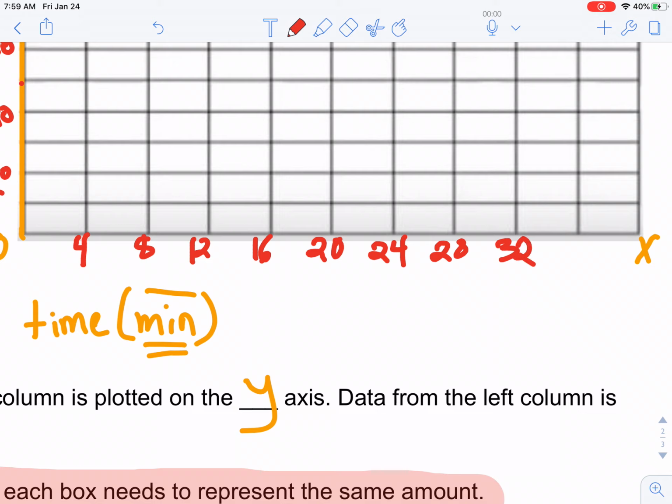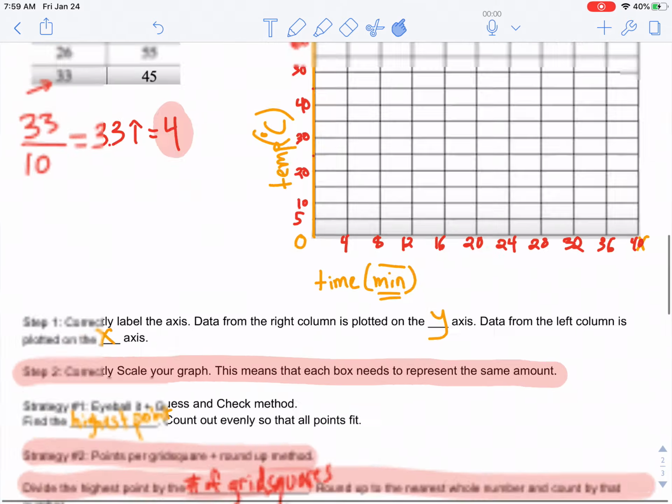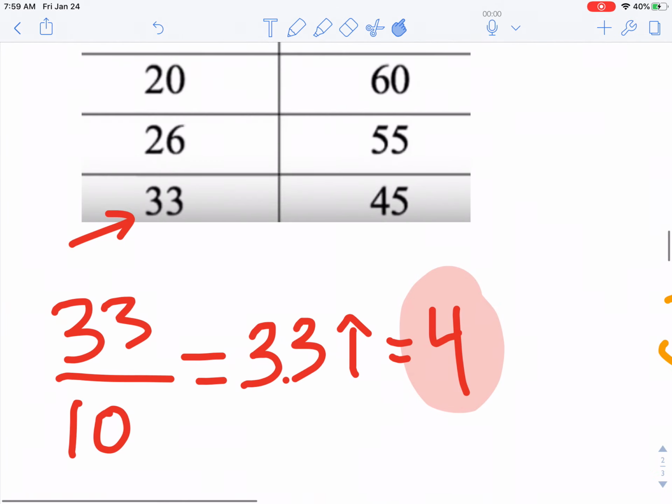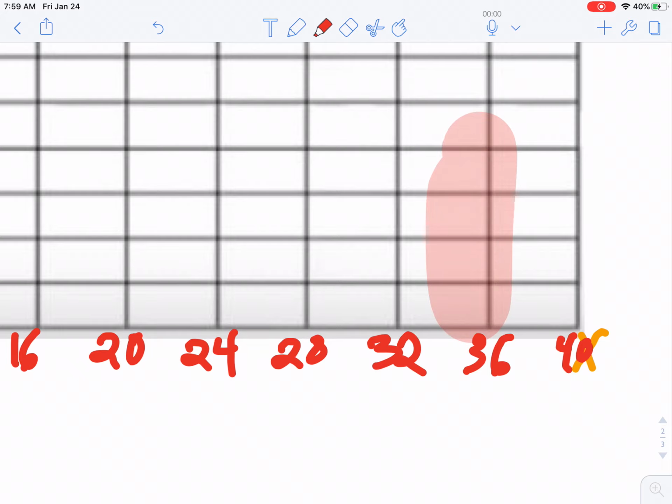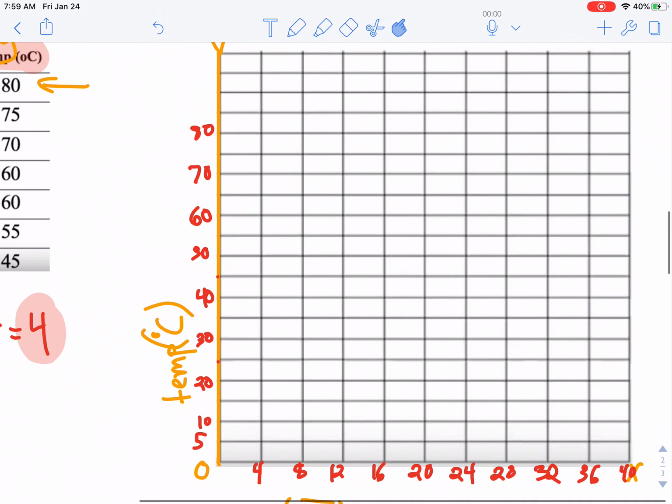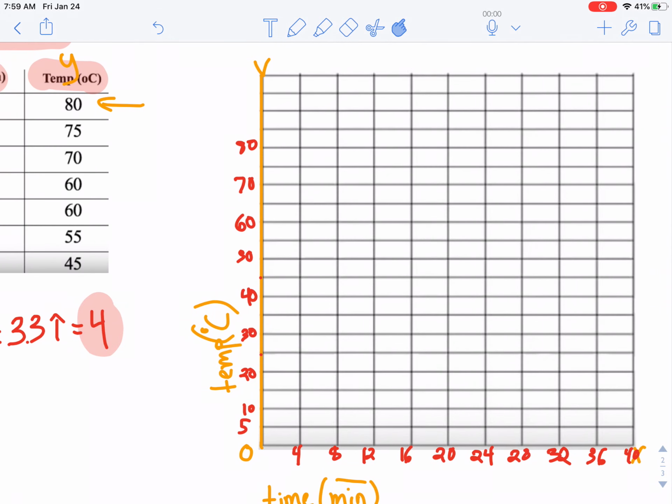Remember, my highest point is 33, so we're going to reach it. 36, and then 40 up here. Again, we don't have any data that goes beyond 33, so this whole back half of the graph we're not going to use at all, but that's okay. That's a small enough piece of the grid squares that I'm still going to have a successful graph.